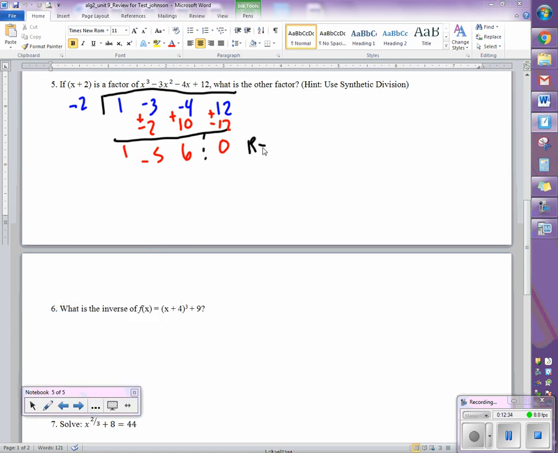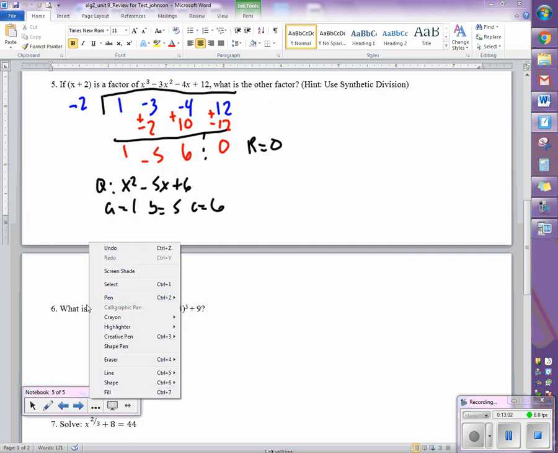So the remainder is 0, which means one of the solutions is -2, which it should be, because if it's a factor, that means it's also a solution. Now, I know that the quotient is x squared minus 5x plus 6, which means that A is 1, B is -5, and C is 6.